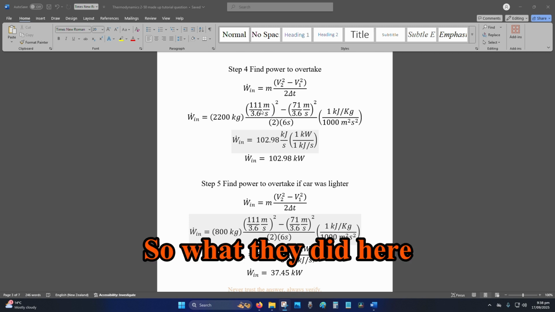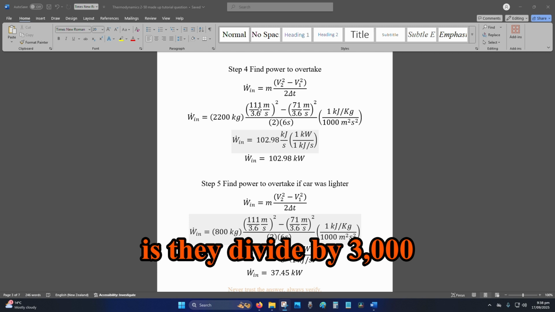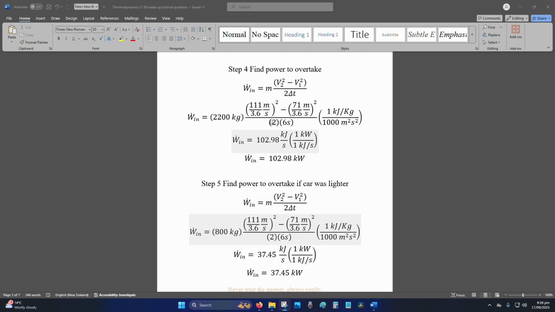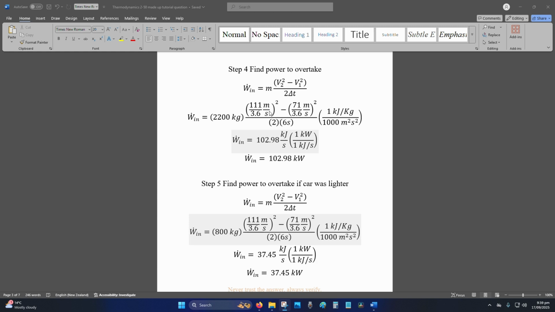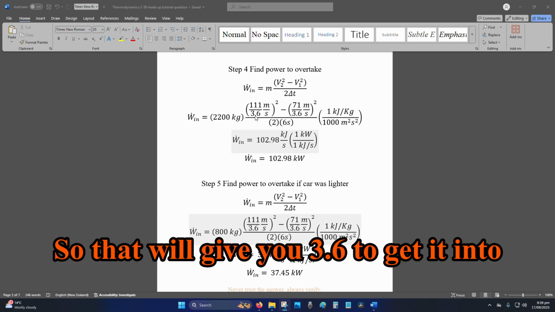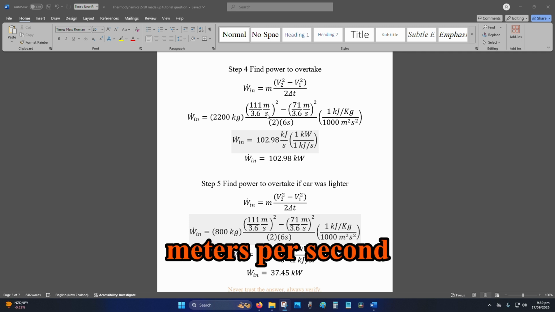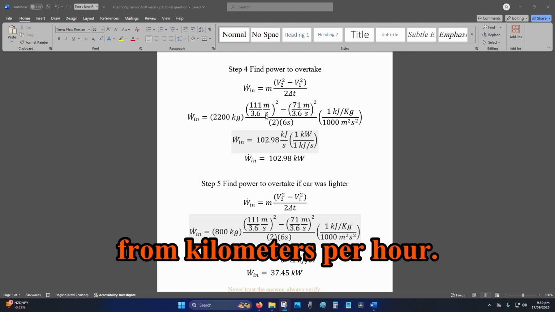What they did here is divide by 3,600, and they also divide by 1,000. So that will give you a factor of 3.6 to get it into meters per second from kilometers per hour.